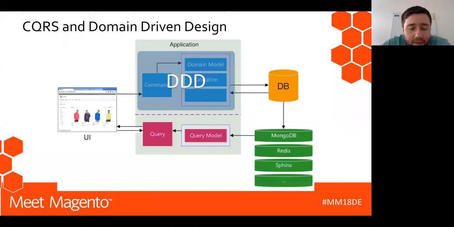On this diagram, you see how this segregation happens. For example, you have a Magento UI, and all the commands will go to a particular part of the application. This particular part is where you would have domain-driven design. So there's going to be some command creation, and this command would be processed by the domain model, and we would have some pretty sophisticated validation mechanism.